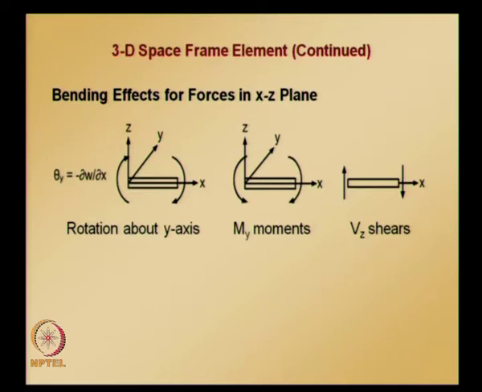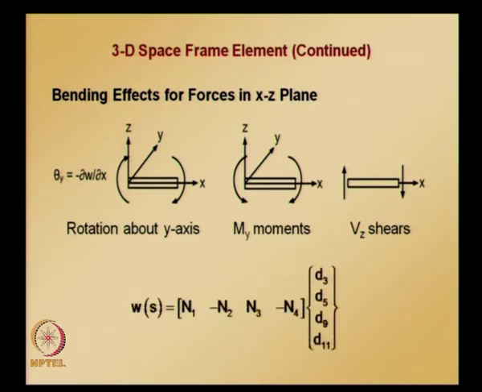Because of this clockwise rotation, even when we are interpolating, the shape functions for w are the same as those for beam bending, but for rotation, that is the shape functions corresponding to the partial derivative of w with respect to x, we need to have this negative sign.